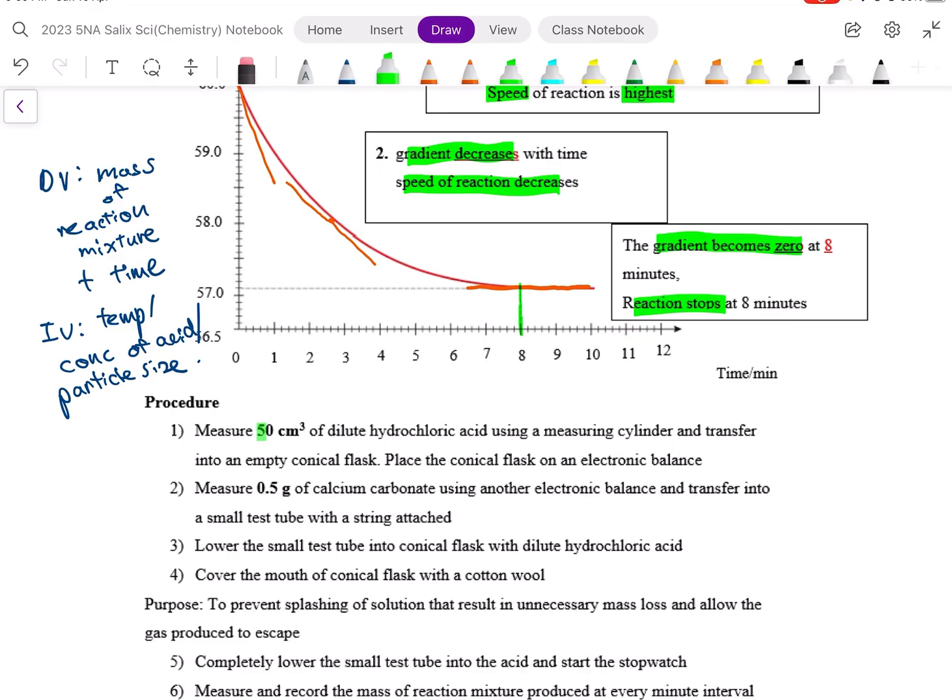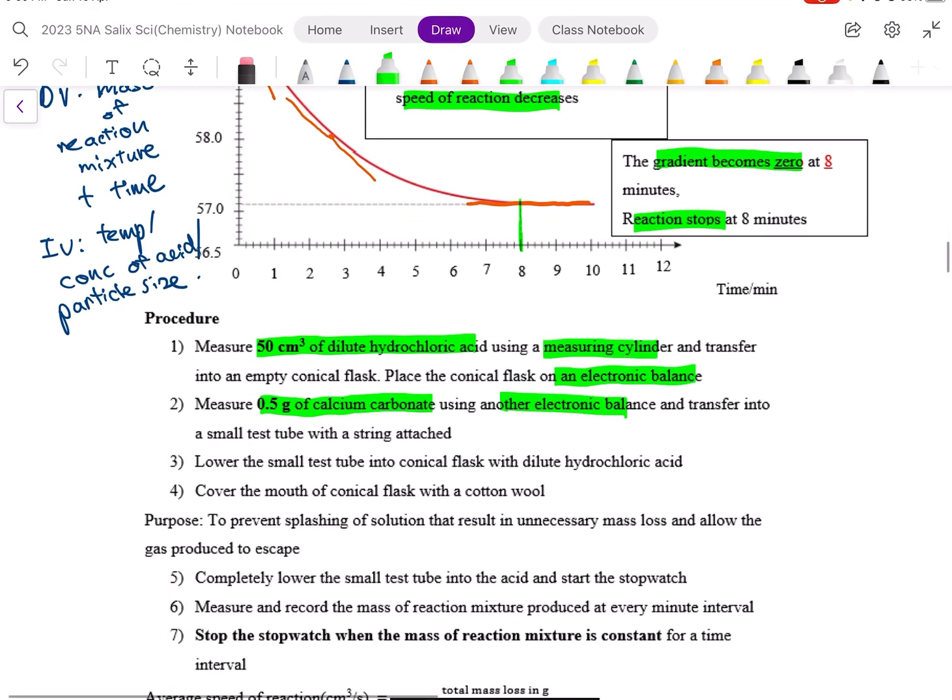So you measure 50 centimeter cube of hydrochloric acid using a measuring cylinder, just like just now. Transfer into a conical flask, then you place it on the electronic balance. Then measure 0.5 grams of calcium carbonate using another electronic balance, and transfer into a small test tube with string attached. Then you lower the test tube and cover the mouth of the conical flask with cotton wool.